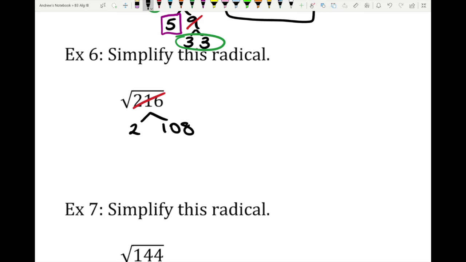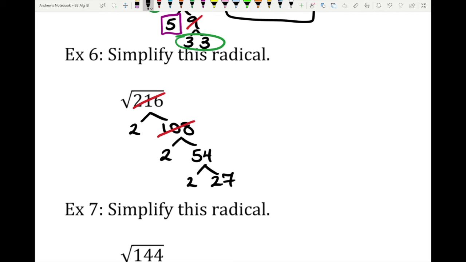Sweet, I know I can stop with the 2. 108, let's see if I can divide it by 2. Sure can. It turns into 2 and 54. 54 does get divided by 2, and turns into 27.